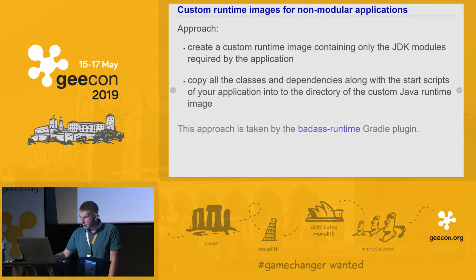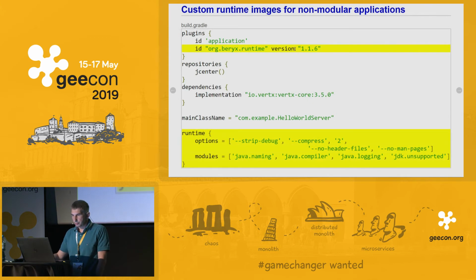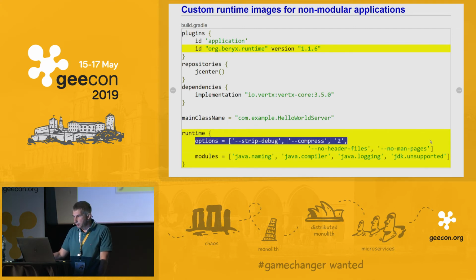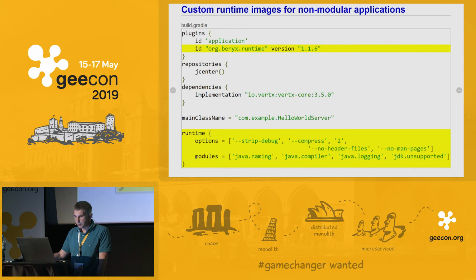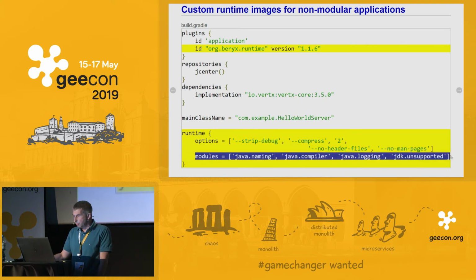And again, there is a plugin that allows you to do this, and this is how you use it. You apply the plugin, and then it provides a runtime extension where you can configure options for the Jlink tool, and you can also specify the list of modules required by your application.